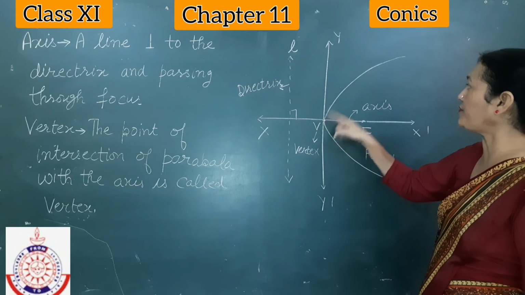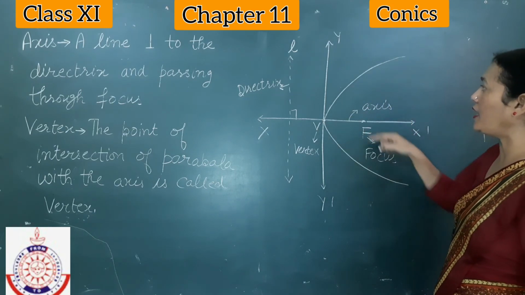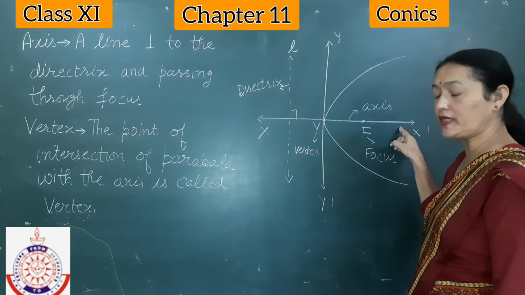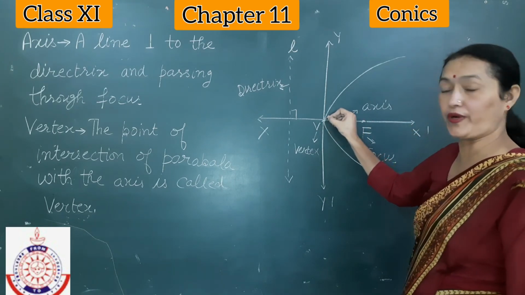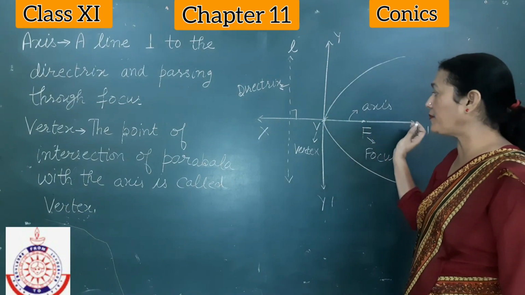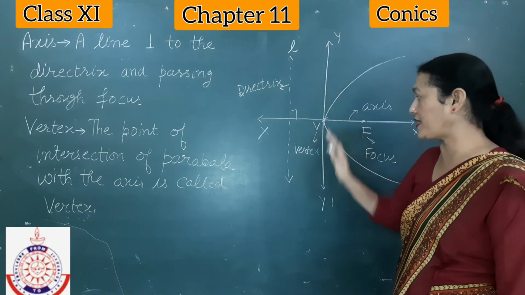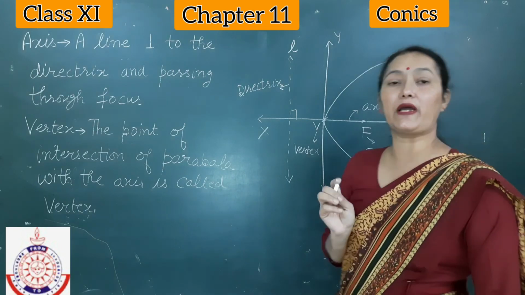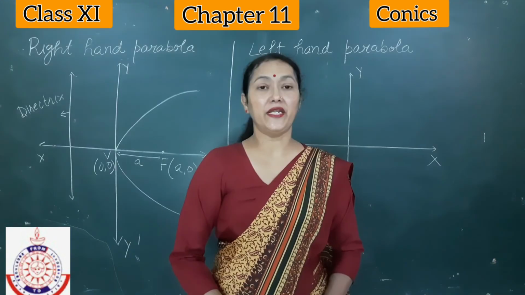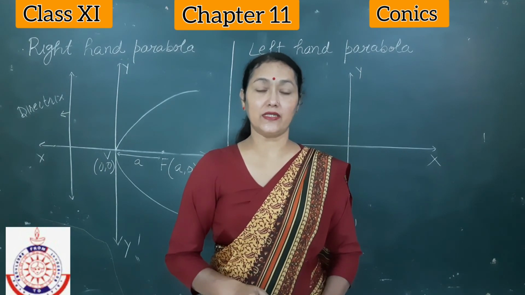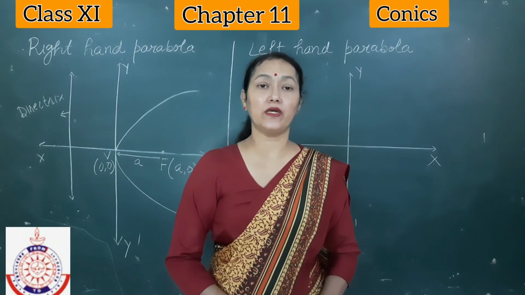The point where the parabola and the axis meet is called the vertex. Now depending upon the axis, whether we have the x-axis or y-axis, four types of parabolas can be formed.